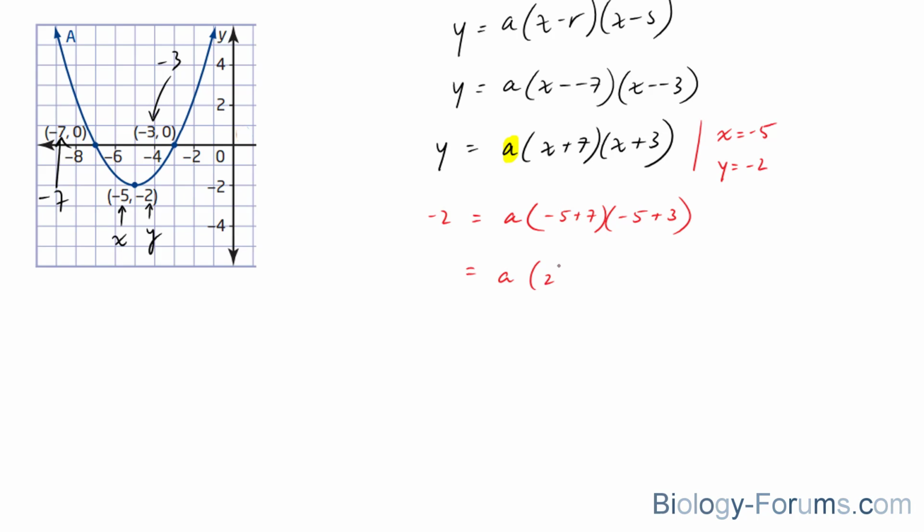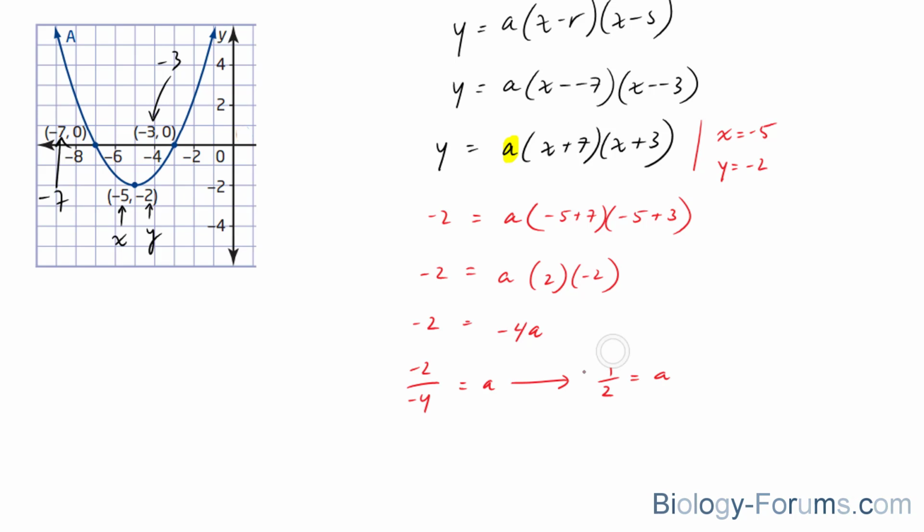That is equal to +2, that is equal to -2. This is equal to -4A, and this means that our A value is -2 over -4, which is equal to a half.